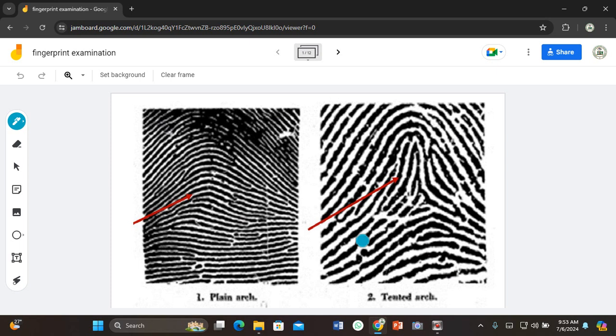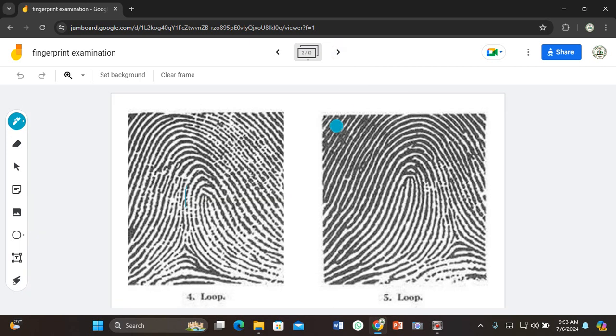So arch is the first one with two subdivisions. Then you have another one called loop, with also two subdivisions. Now, if you look at the first figure, figure 4, you can see that the ridges are going in from one side of the finger and going out of the same side.